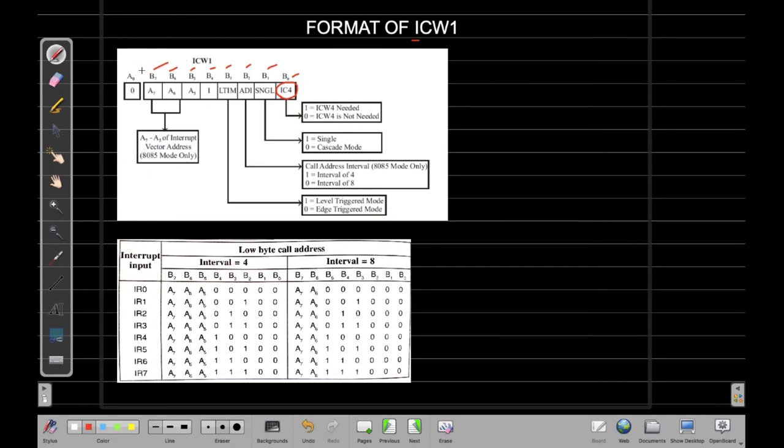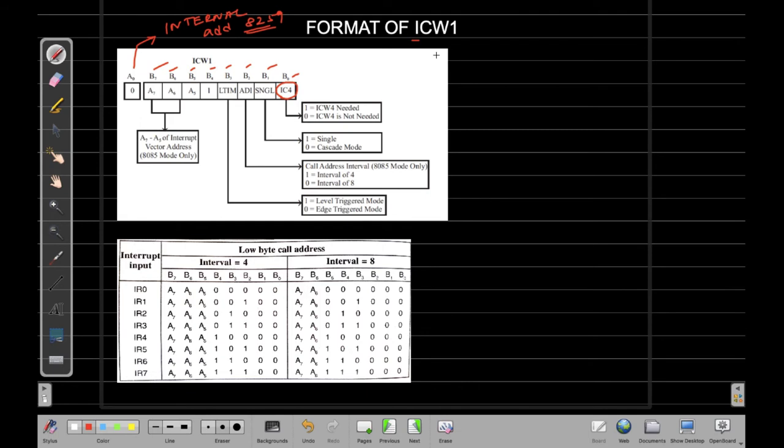There is an additional bit shown in this format, called A0. What is A0? A0 is the internal address of 8259. When I say ICW, ICW is a single register. How then will 8259 differentiate ICW1 and ICW2?